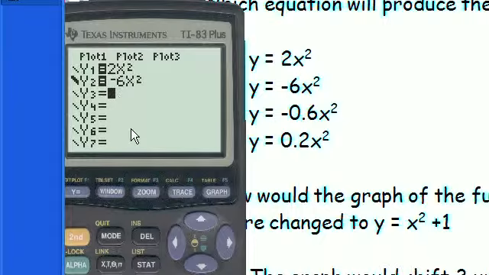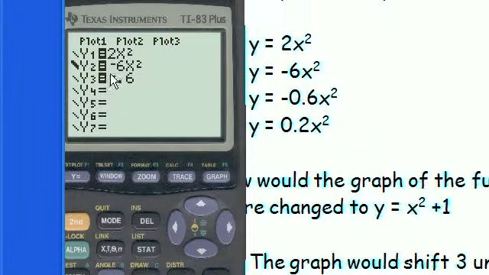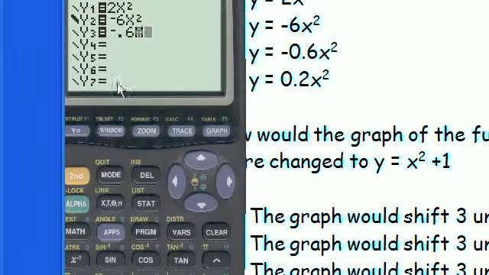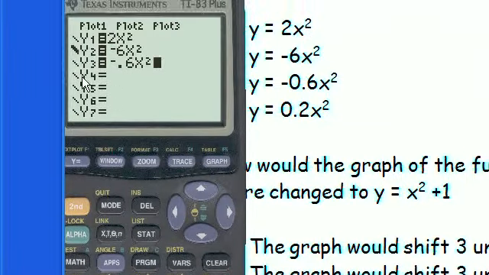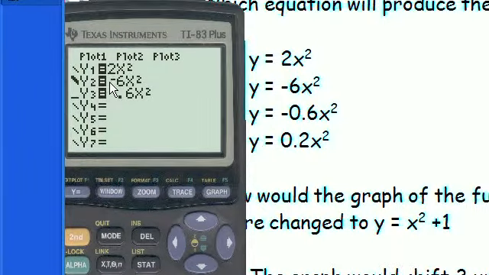Then negative 0.6x squared, and I'll make it a dotted line.